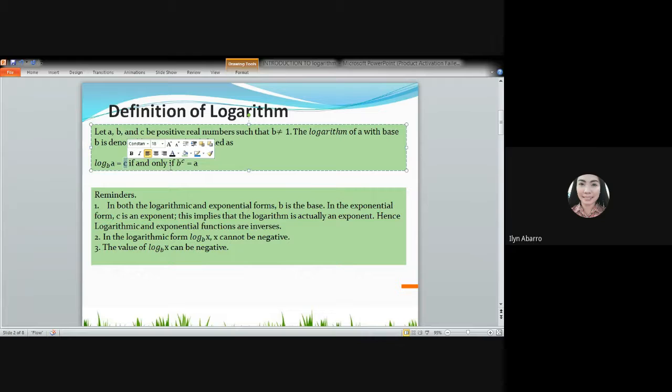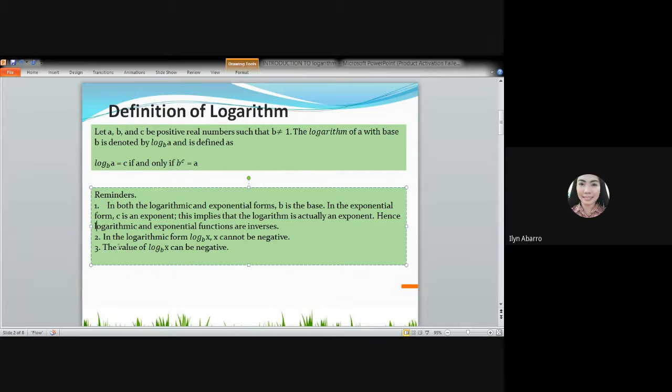Let us have more. In the exponential form, C is an exponent. This implies that the logarithm is actually an exponent. So, when we say logarithm, what we are looking for is the exponent in exponential form. Hence, logarithmic and exponential functions are inverses.